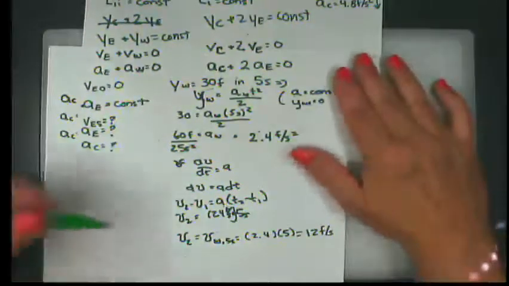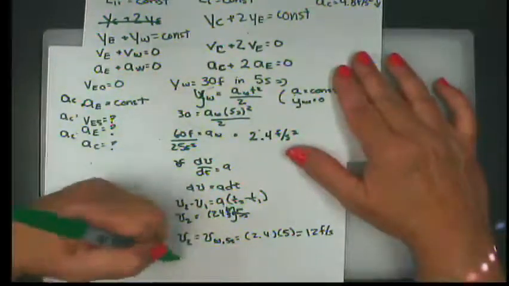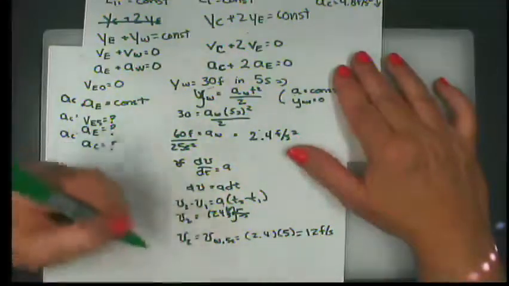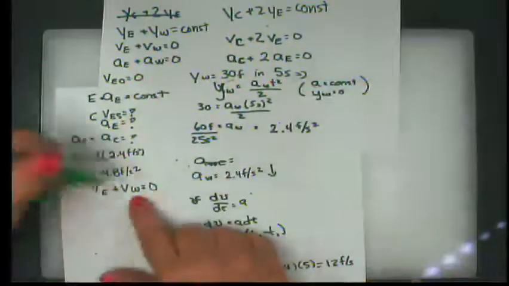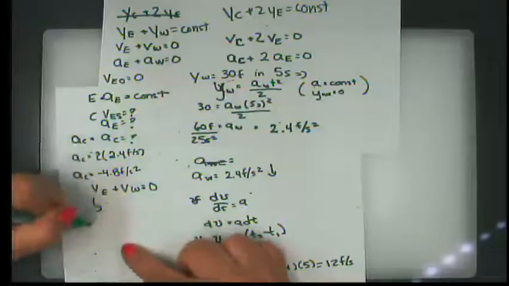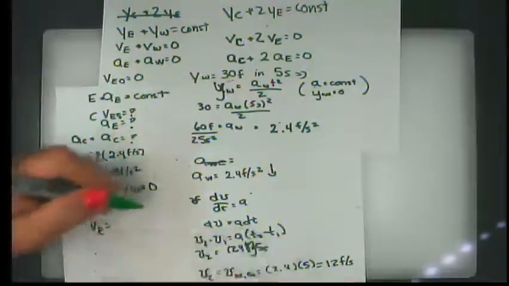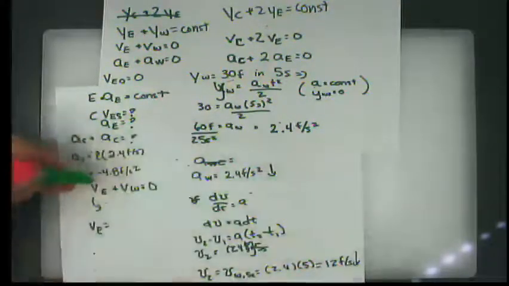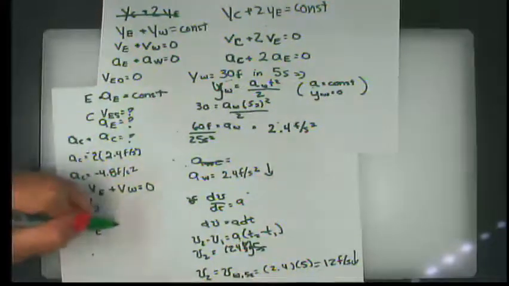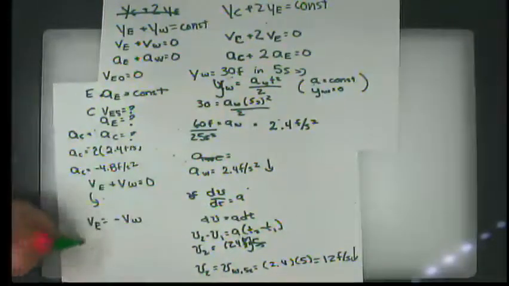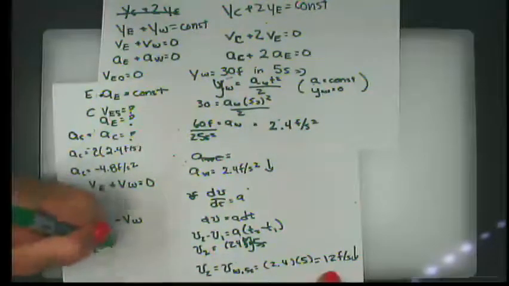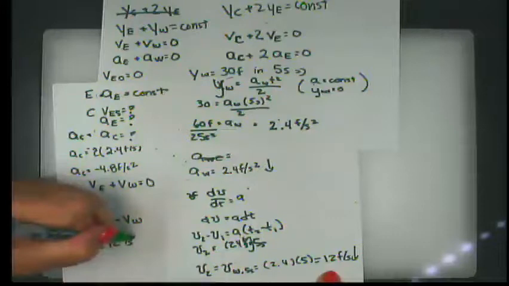Okay. And if the velocity of the weight is down, then I know that the velocity of the elevator is going to be equal to negative the velocity of the weight. Velocity of the elevator equals the opposite of negative 12 feet per second down.